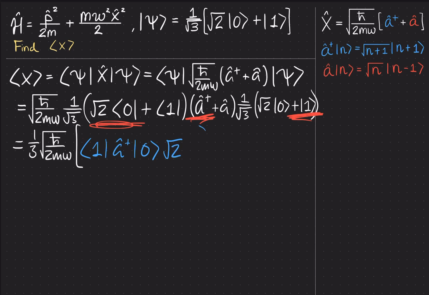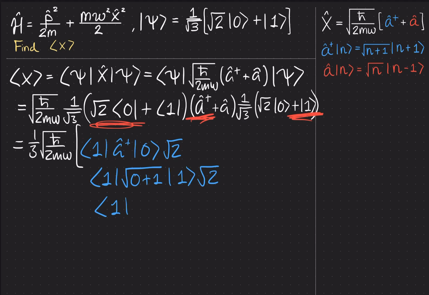And let's check this. Well, we are using the raising operator on the 0 state. So what's that going to give us? Well, we're going to get a 1 over here. And this is going to be raised to the first state, and the eigenvalue again is going to be 0 plus 1, which is just equal to 1. We have a root 2 outside, so overall we're going to get 1, 1, and then root 2.